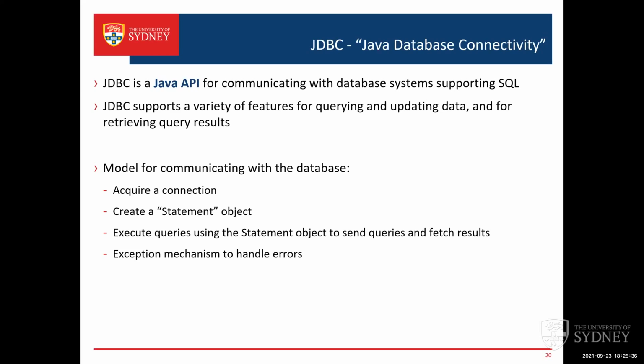Once that connection is established with the database, then create a statement object. A statement is nothing but a class in Java. That is the one we will use to write our application. Then using that statement object, you can execute a query. And finally, if there is some error, you need to have a mechanism to handle those errors.